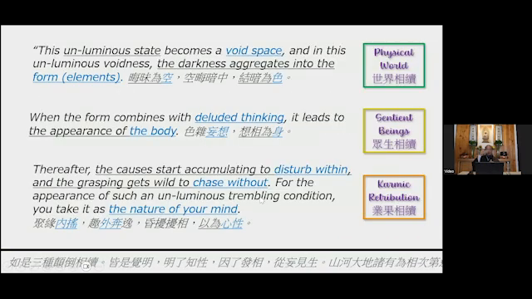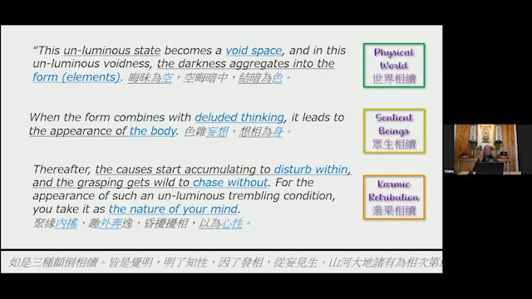So in the Śurangama Sutra, the previous chapters talk about the physical world, the sentient beings, and karmic retribution: how, from complete enlightenment, suddenly there is an unluminous state that drives us to have a sense of void space.